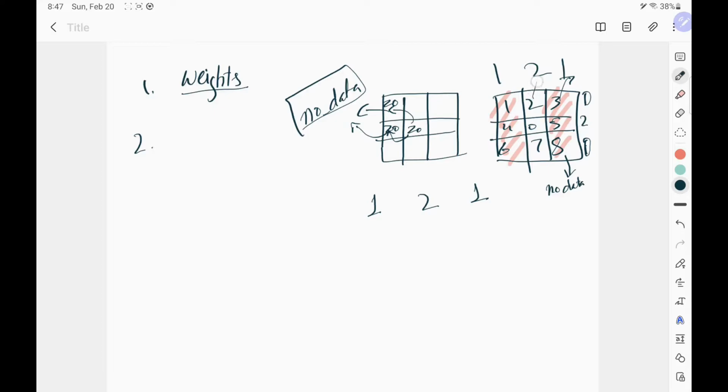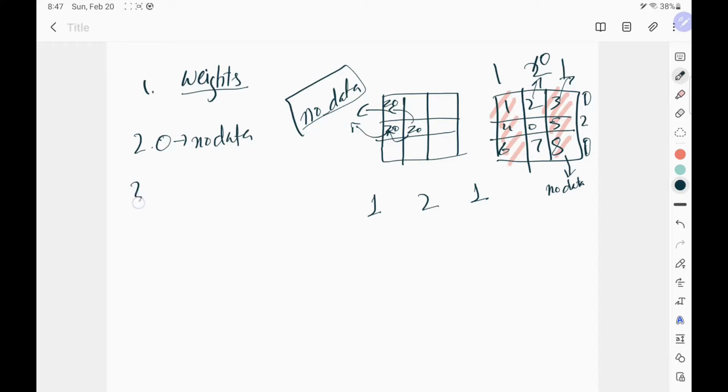If you have no data here, then instead of 2, it will become 0. So in the calculation of weights, the weights will become 0 if you have no data. I'll explain that further from the diagram.